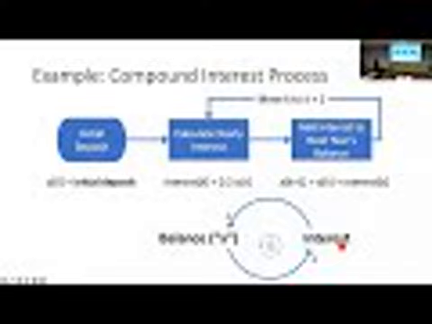The bigger my balance, the bigger my interest. And then from there, I can add whatever that interest was to the previous year's balance, and that gives me the next year's balance. And from that, I then iterate through this process where the next year's balance gets 20% of it added to it, and that'll give me the next year's balance, and so on and so forth.